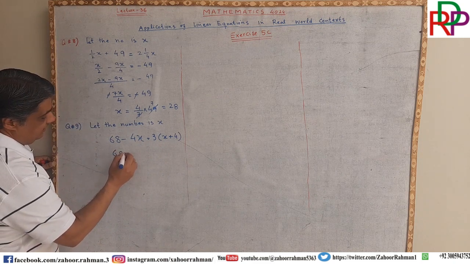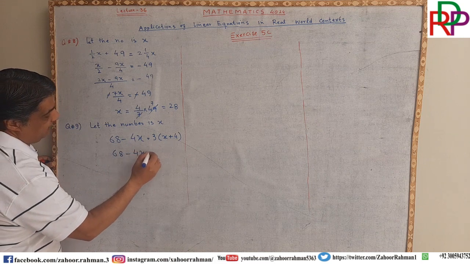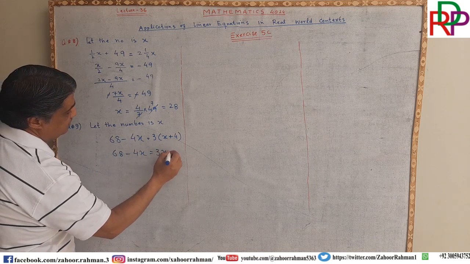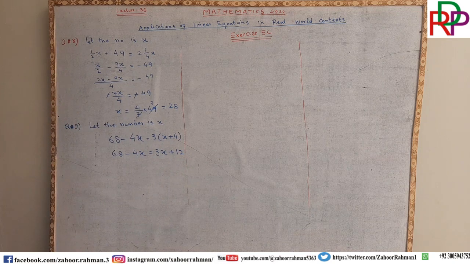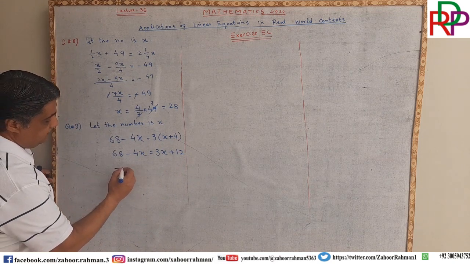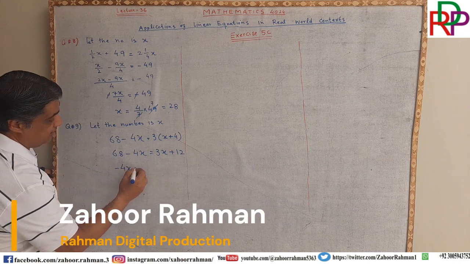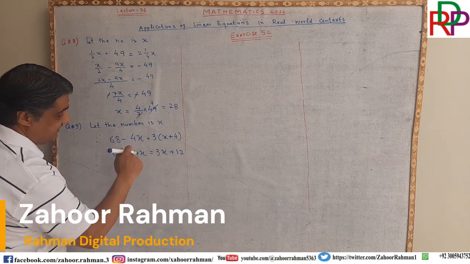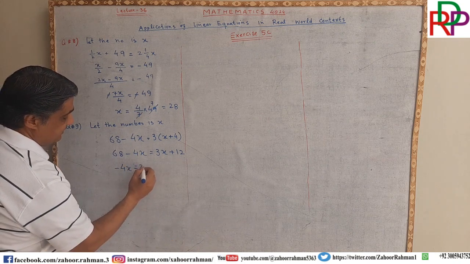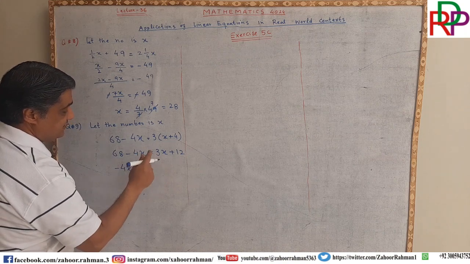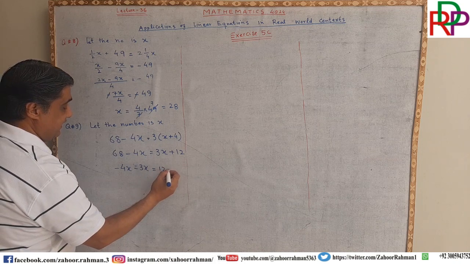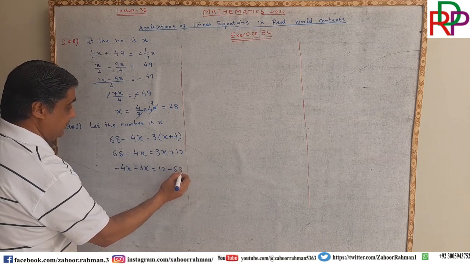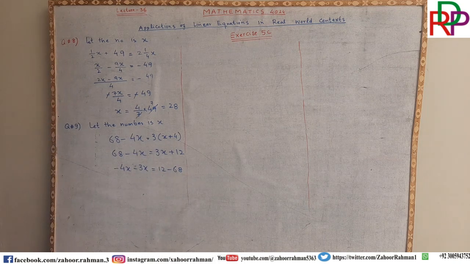So 68 minus 4x is equal to 3x plus 12. Now we have to leave this minus 4x on this side and bring that 3x to this side. It will become negative. 12 will be on its place and that will be minus 68.